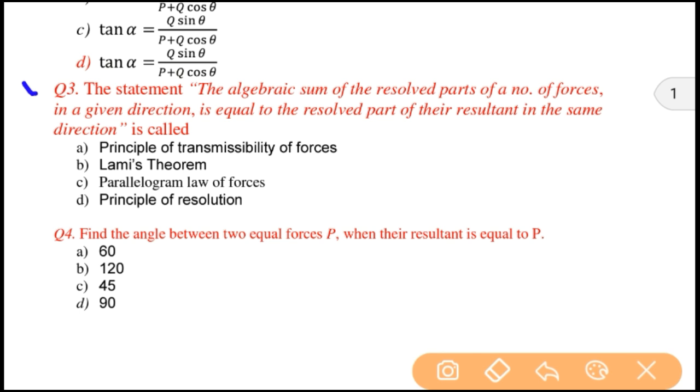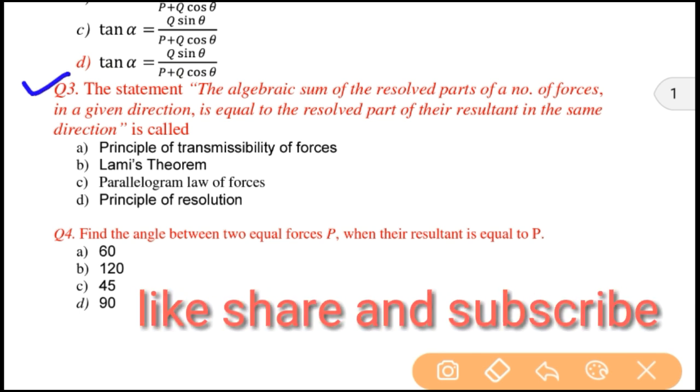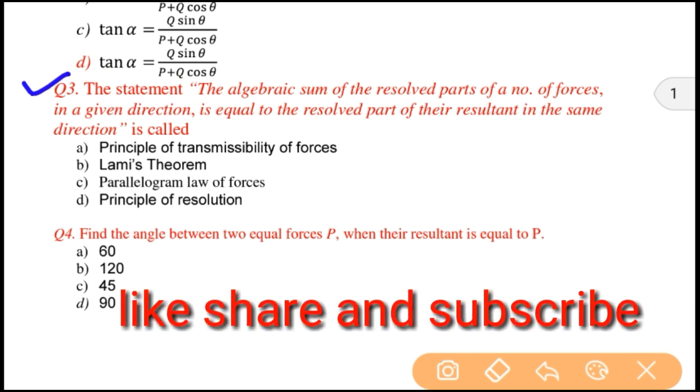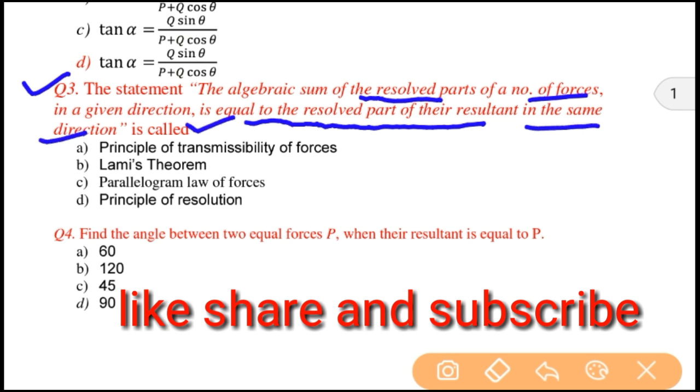In the next question, we have the statement: the algebraic sum of the resolved parts of a number of forces in a given direction is equal to the resolved part of the resultant in the same direction. This is called the principle of resolution, that is option D is the correct answer.